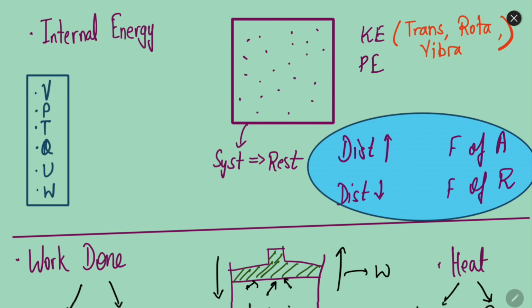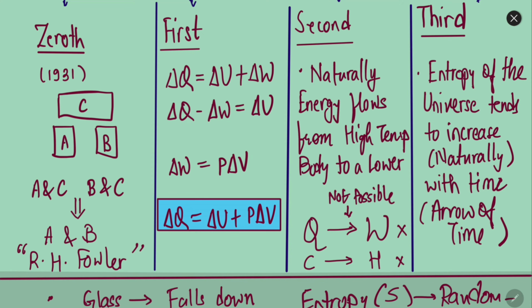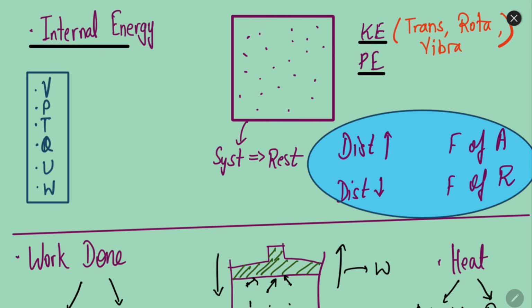So let us now understand the meaning of internal energy. We know what is heat. So let's understand internal energy and then work done. Internal energy is the energy of the particles present in the system. Obviously it can be in the form of kinetic energy, it can be in the form of potential energy. Kinetic energy can be translational, rotational or vibrational.